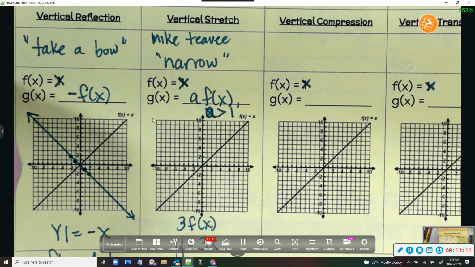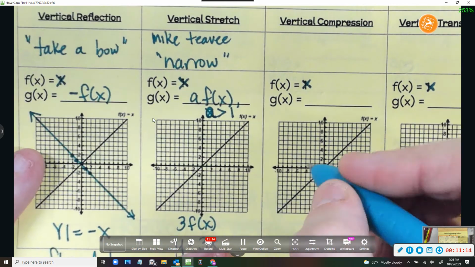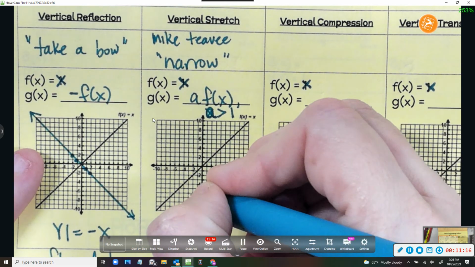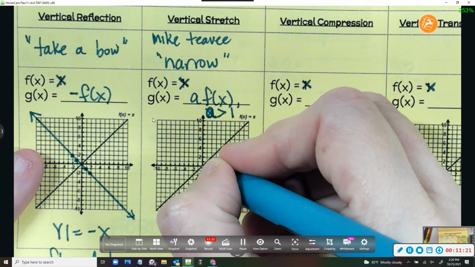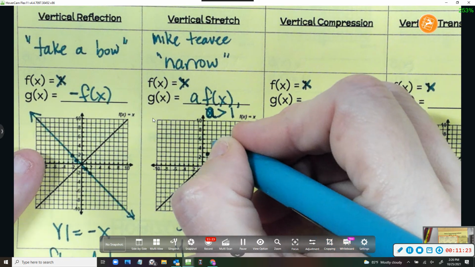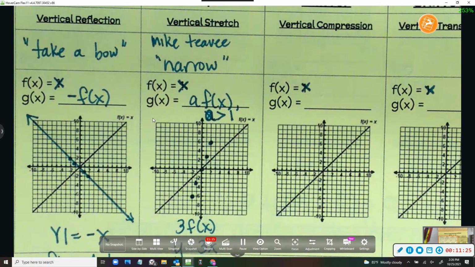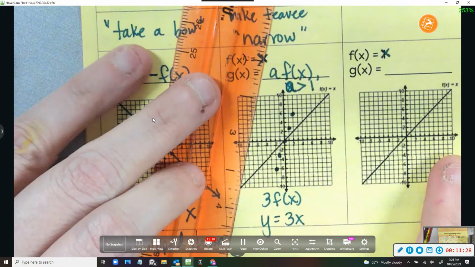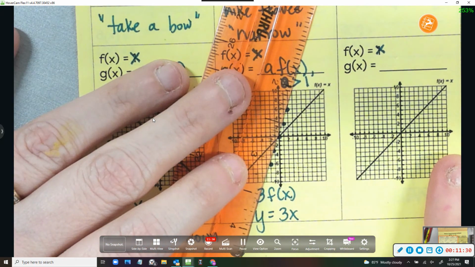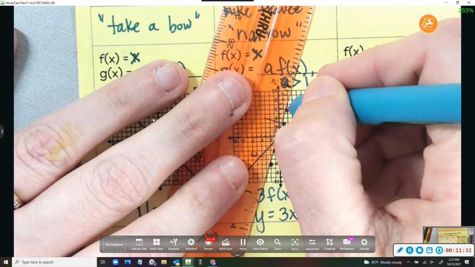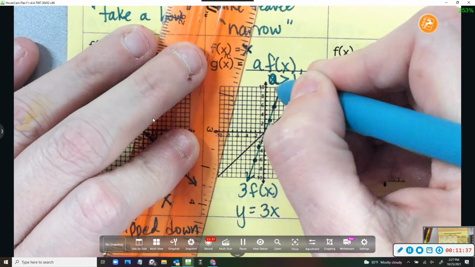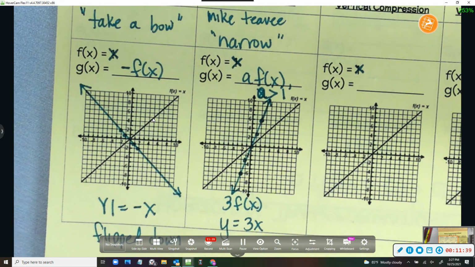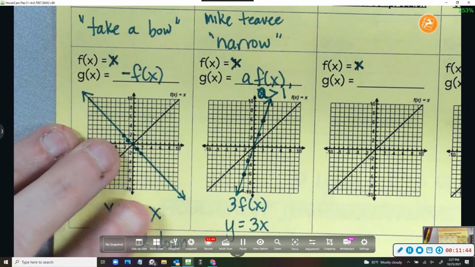I'm just going to plot a few: -2, -6, -1, -3.